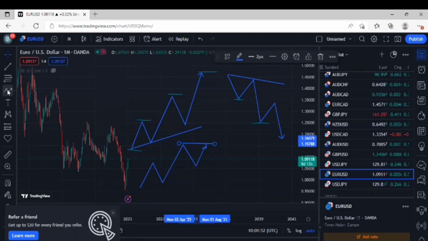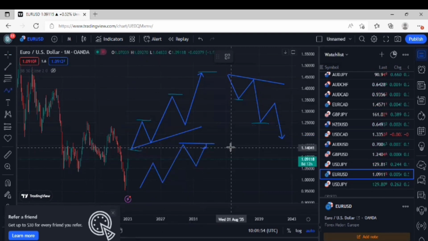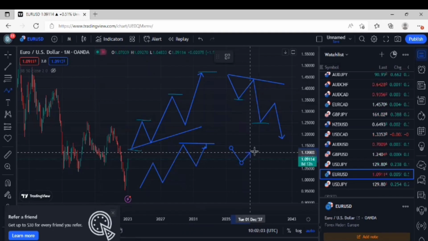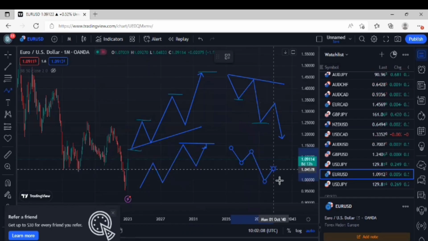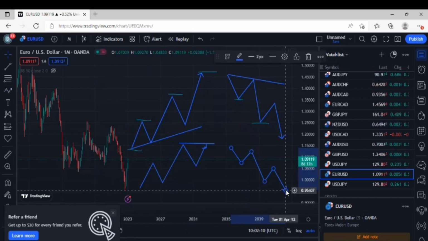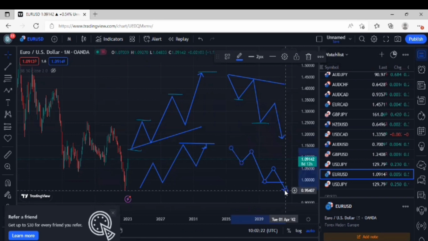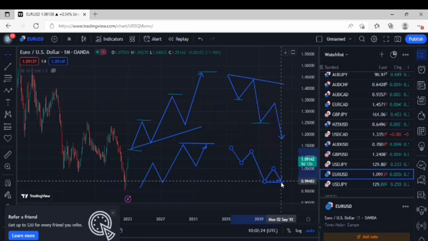The same thing for the downtrend. When you have a lower high, lower high, lower low, lower high, lower low. The moment the market cannot break this, let me correct that.